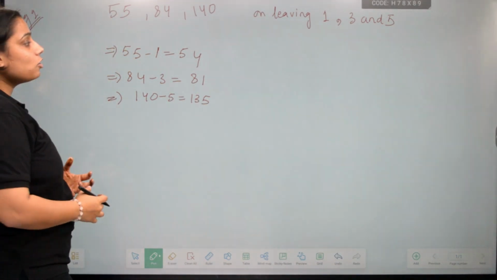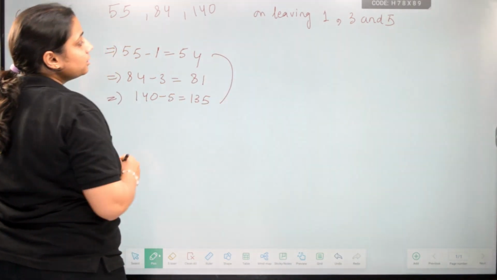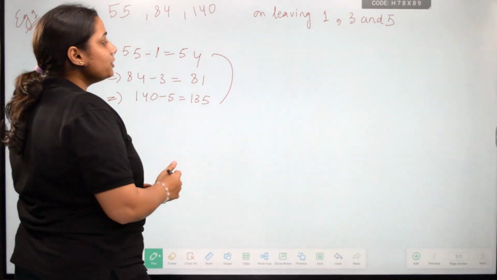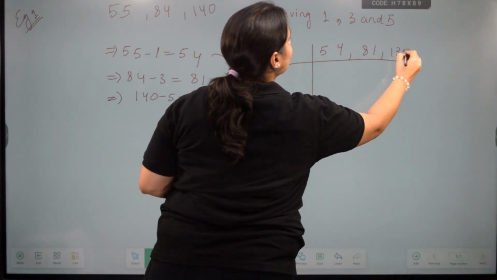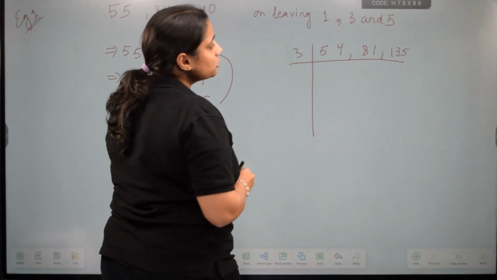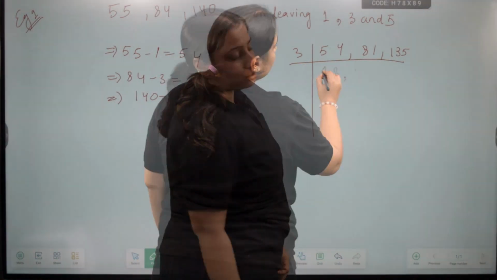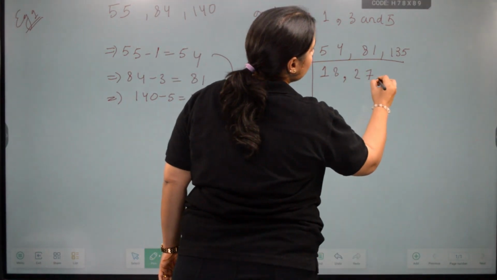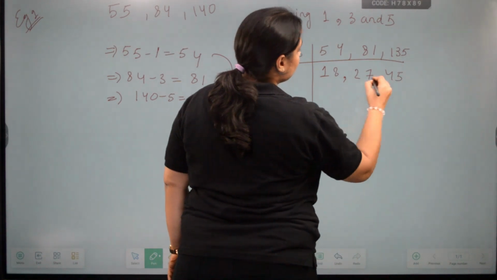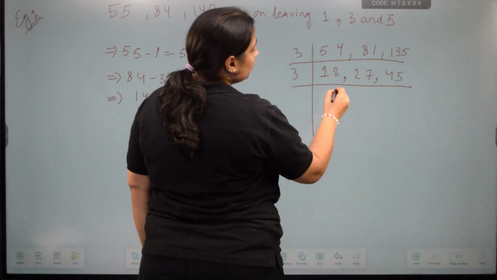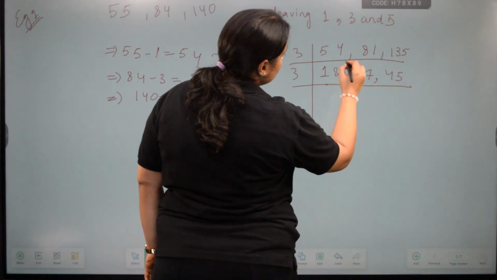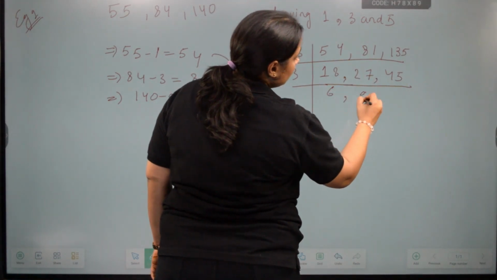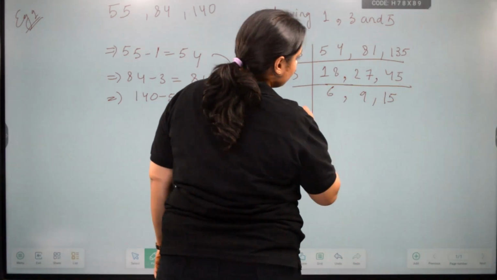Now we have to find a common divisor for all three numbers. Now using the common division method, 54, 81 and 135. Let's divide these numbers by 3. We'll get 18, 27 and 45. Again dividing by 3, we'll get 6, 9 and 15.